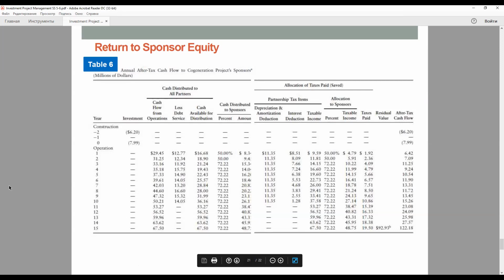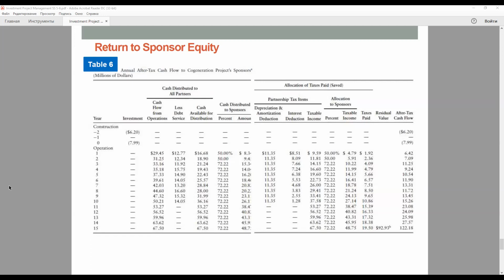Okay, let's continue and calculate the return to those who are most interested in a project, so the return to a sponsor's equity. Engineering firm and local utility have equal ownership interest in a cogeneration corporation, the general partner of cogeneration company. Cogeneration corporation owns 10% of the equity in cogeneration company.